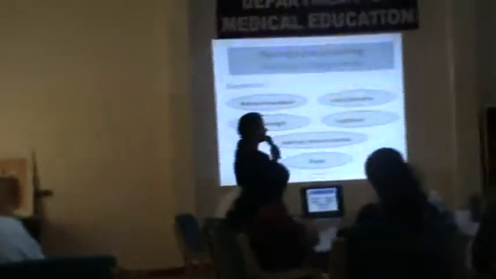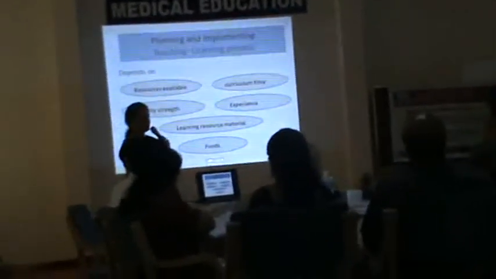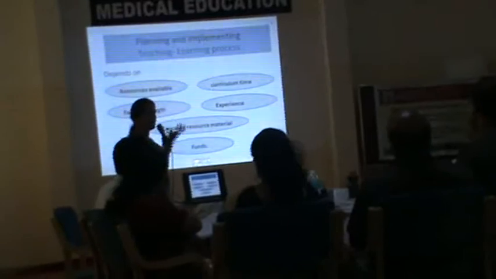It's not teacher-oriented or teacher-centered, it is a learner-oriented objective. So this depends on the resources available: the curriculum time, the faculty strength, experience, learning resource material, and funds. Many things play a role in achieving our aim and objectives.